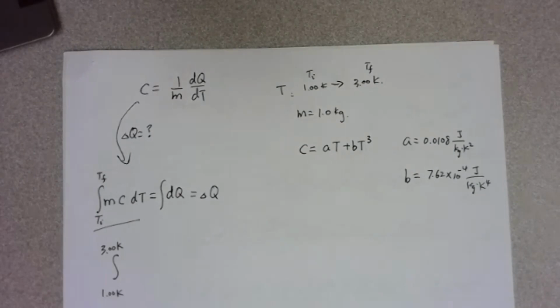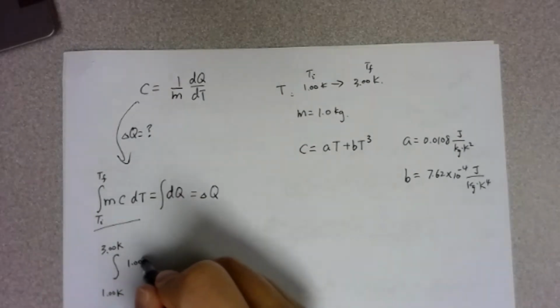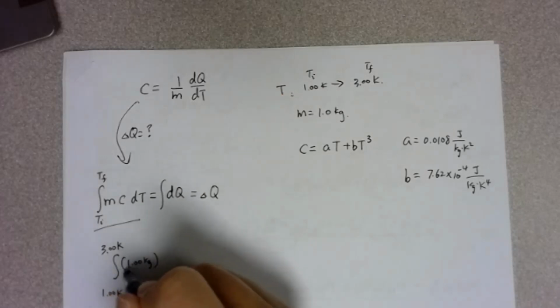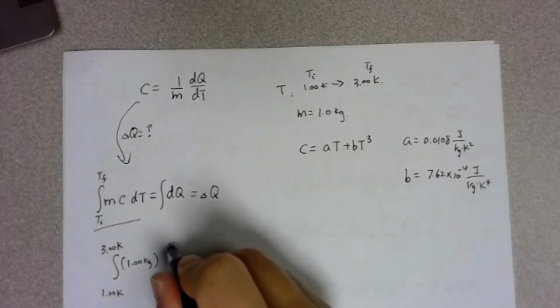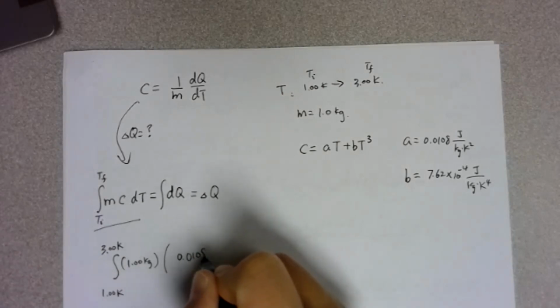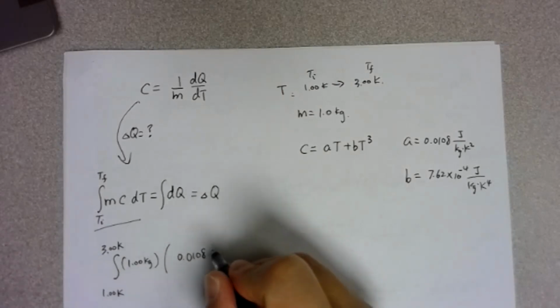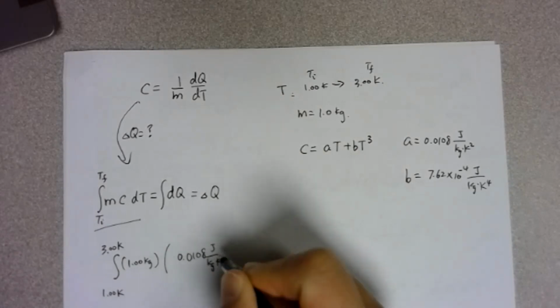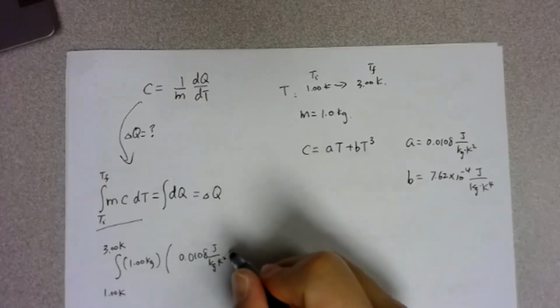Yes, mass is given as 1 kilogram. So it's 1.00 kilogram times C, which is 0.0108 times T, in joules over kg times K squared.